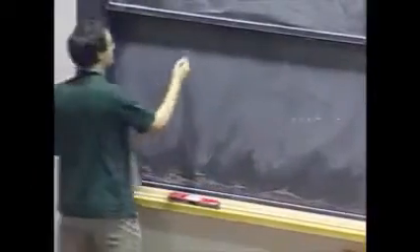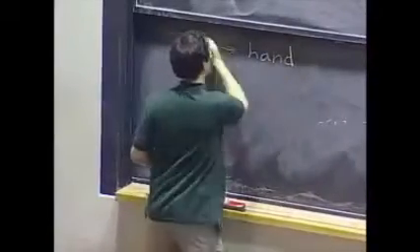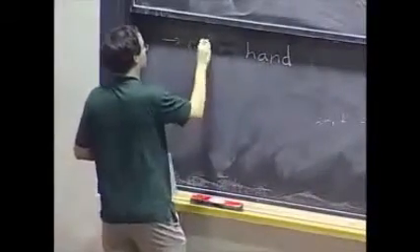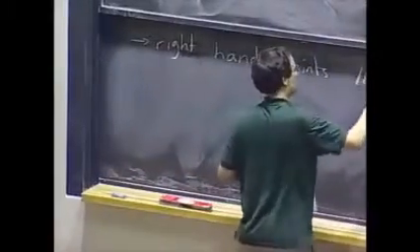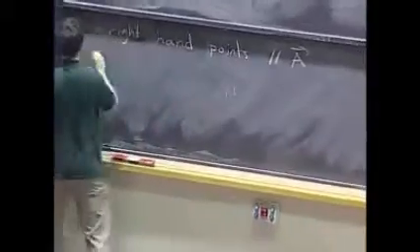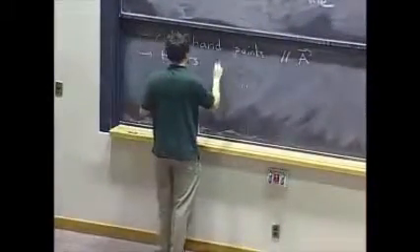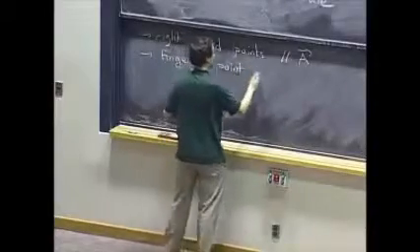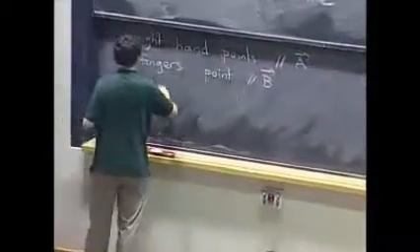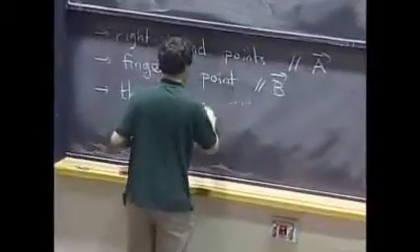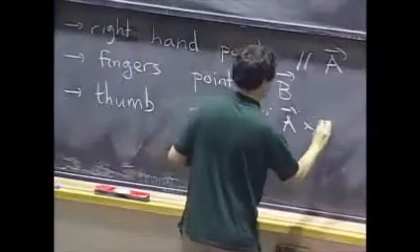So first, your right hand points parallel to vector A. Then fingers point in the direction of B. Then your thumb, when you stick it out, is going to point in the direction of A cross B.